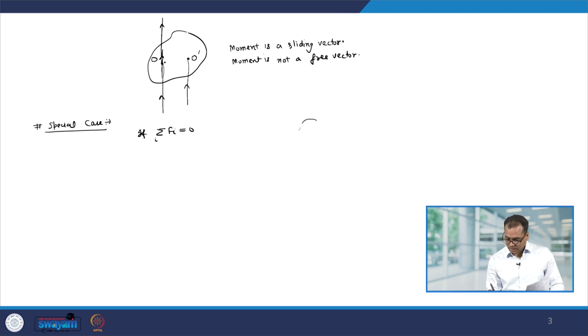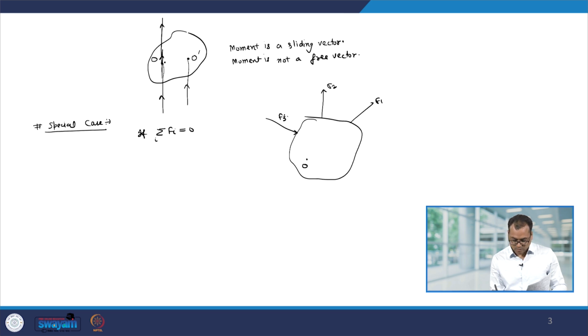So, let us say I have a rigid body and I want to calculate the moment about O prime, and the forces are such that their sum is 0. Let us say this is force 1, this one is force 2 and this is force 3. So, from O you draw a vector on these forces.